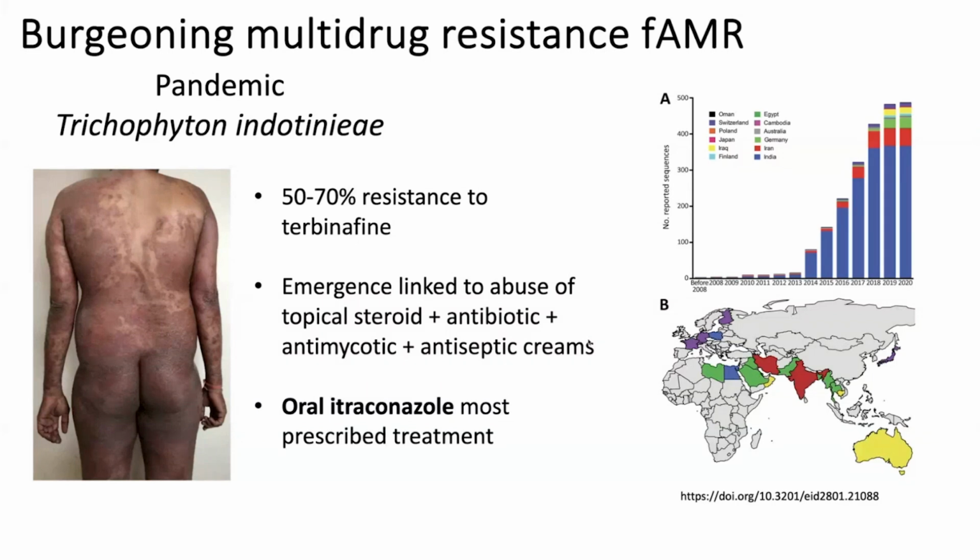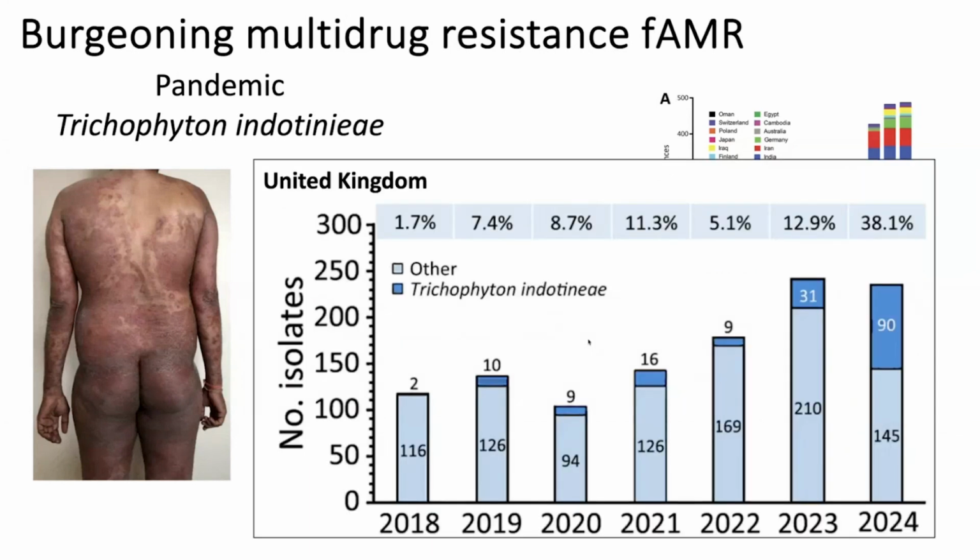So its emergence, and you can see the increase here, is linked to the topical use of steroids and antibiotic creams in very high density urban populations of the world, and principally this appears to be Pakistan, India, and Bangladesh. And if you have this particular dermatophyte, you have to take oral itraconazole to clear it. This is becoming a real issue in the UK as we're seeing this increase in Trichophyton indotineae in our populations here.